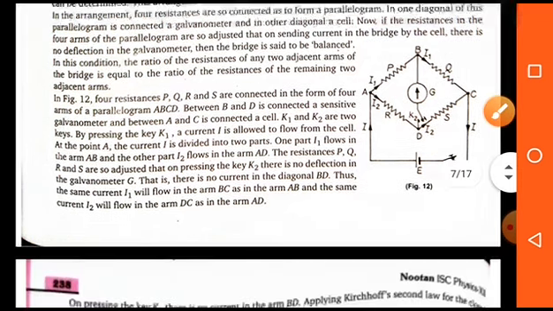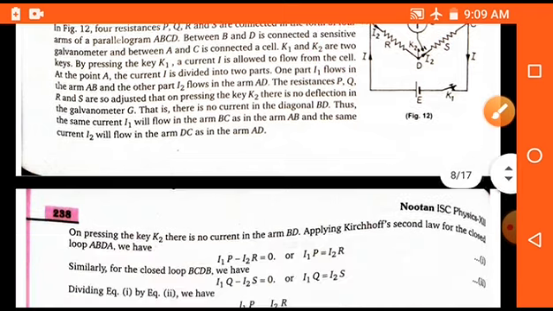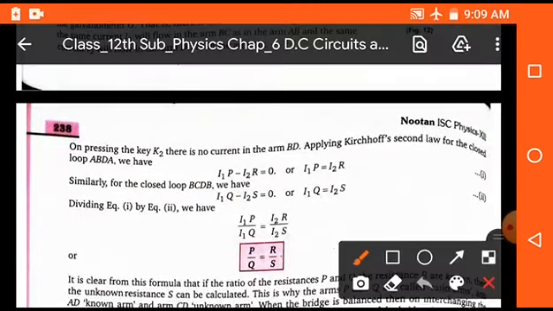Clear? Now, for the balanced condition, we can find the formula of the Wheatstone bridge by applying Kirchhoff's first law and Kirchhoff's second law in two loops. So if we apply the law in loop number 1 and loop number 2, we get I1P minus I2R is equal to 0. That means I1P is equal to I2R.